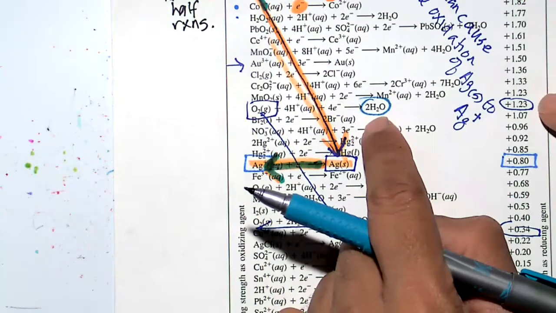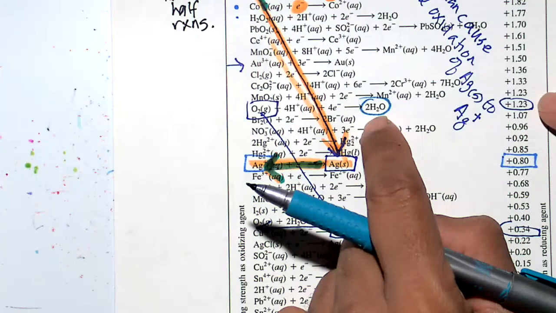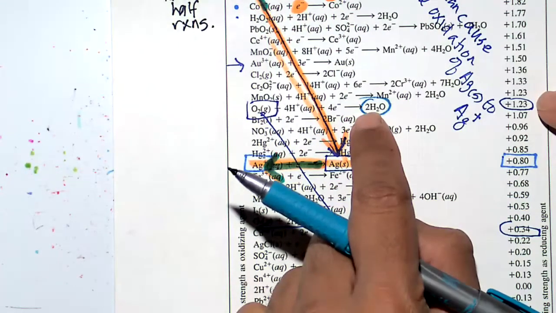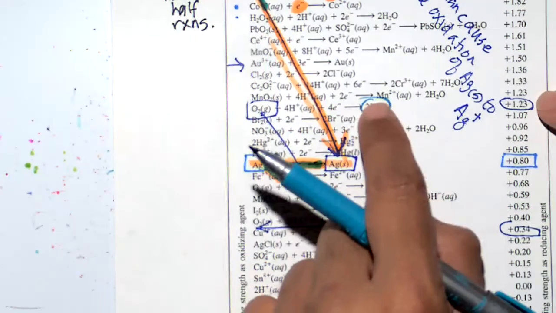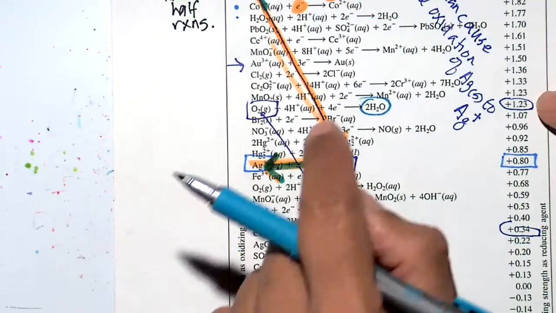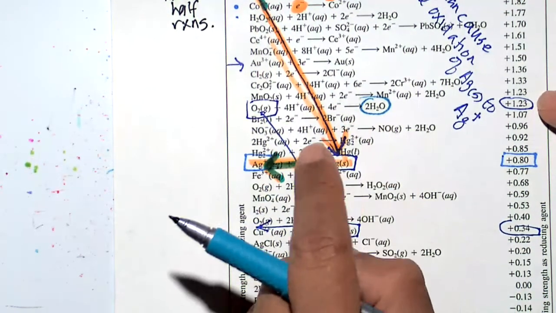This is going to be 1.23. This can flip anything below it.